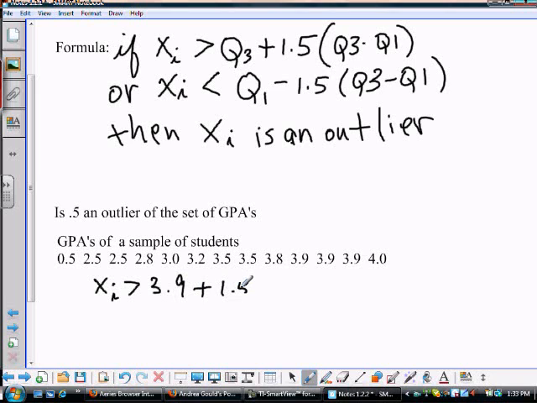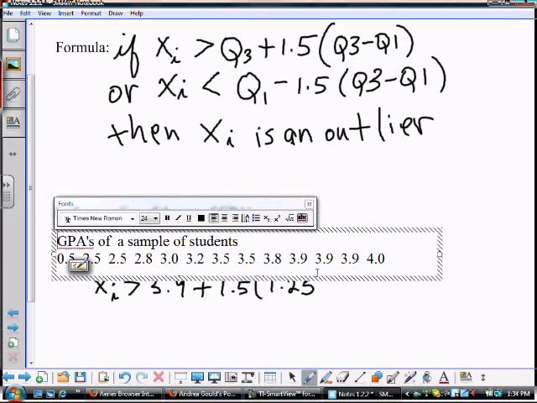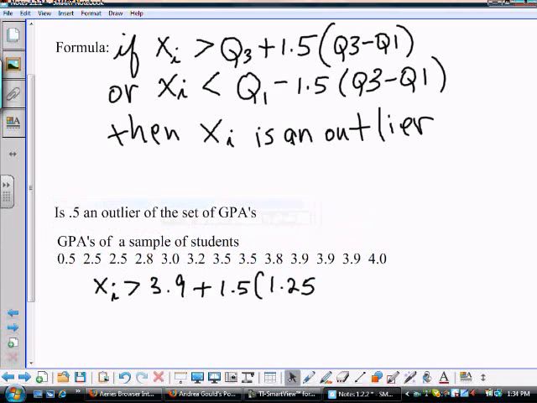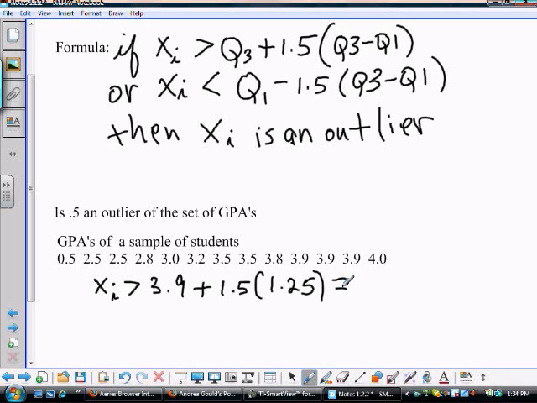Plus 1.5 times, what was the IQR? 1.25. And what is 3.9 plus 1.5 times 1.25? 5.78. If somebody had a GPA greater than 5.8, they would be an outlier.